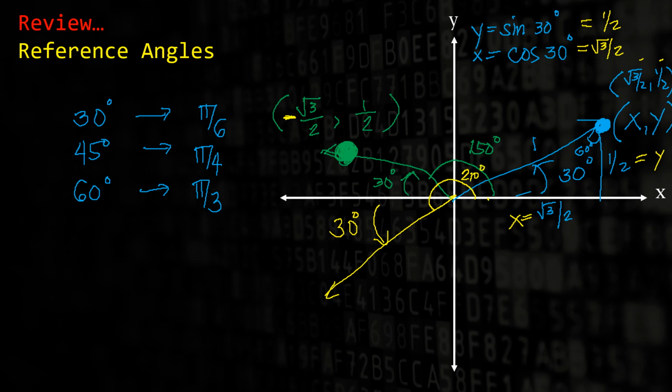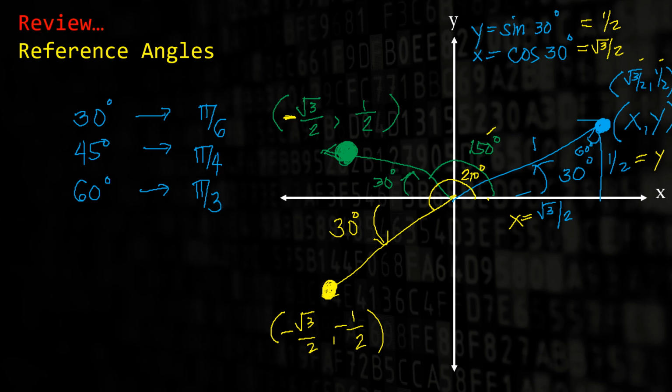So 210 degrees, 150 degrees, and 30 degrees are angles of the same reference angle. We have square root of 3 over 2 here, and this is also 1/2. However, since the angle measuring 210 degrees is found in quadrant 3, these two coordinates must be negative.